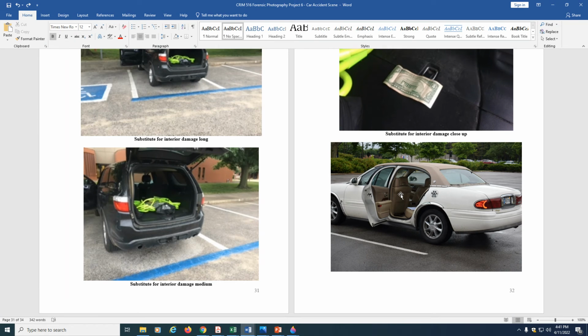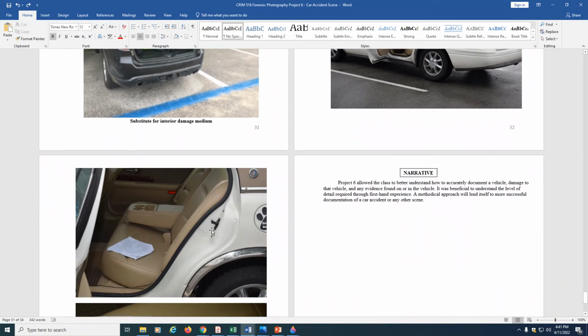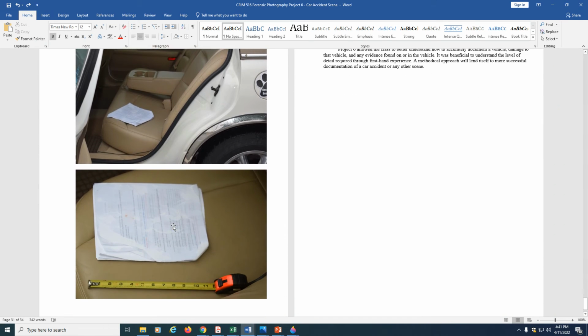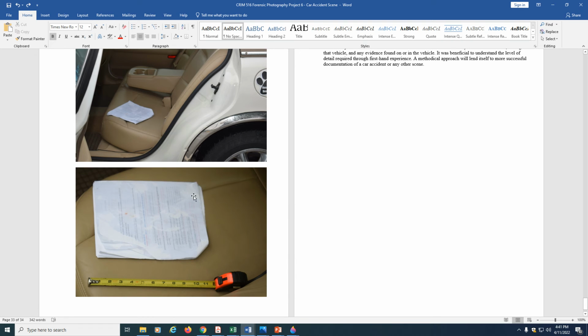Okay, so you'd have long range with the door open, right, indicating where we're getting ready to go. Medium range with your damage or evidence, right? And then close range, evidence or damage with a measuring device, right? The same one we've been using before. Understand that concept? I hope you do. And like I said, I apologize for not thinking it and wording it incorrectly.